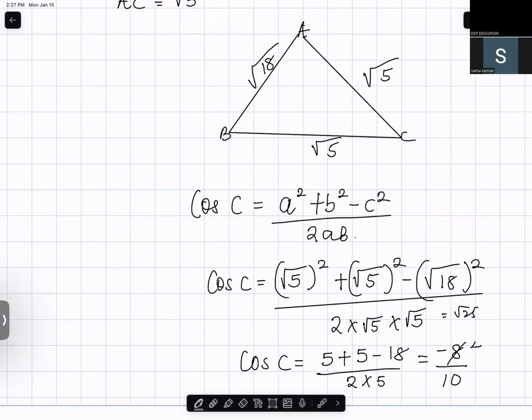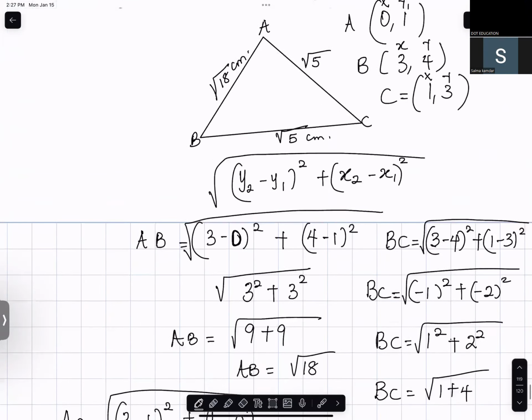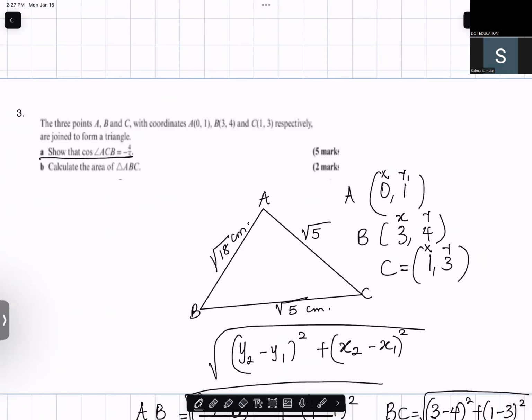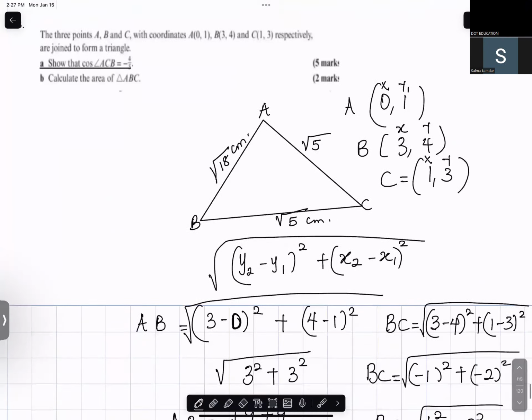So 2 can go 4, 2 can go 5. Therefore, we can say our cos C is minus 4/5. We have proven that cos of angle ACB is minus 4/5.